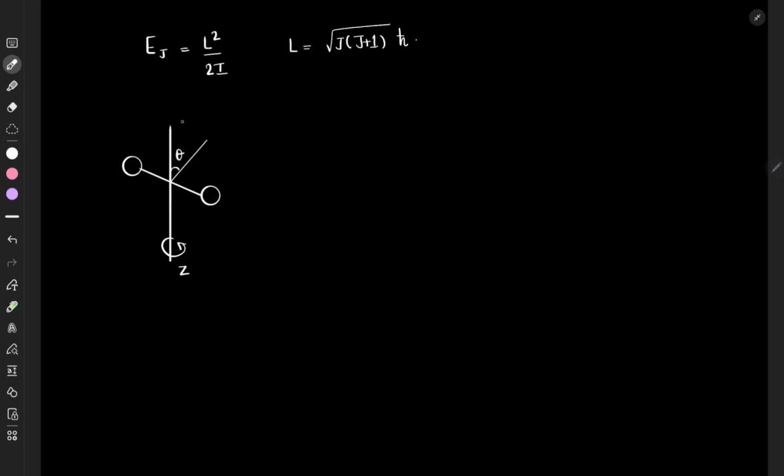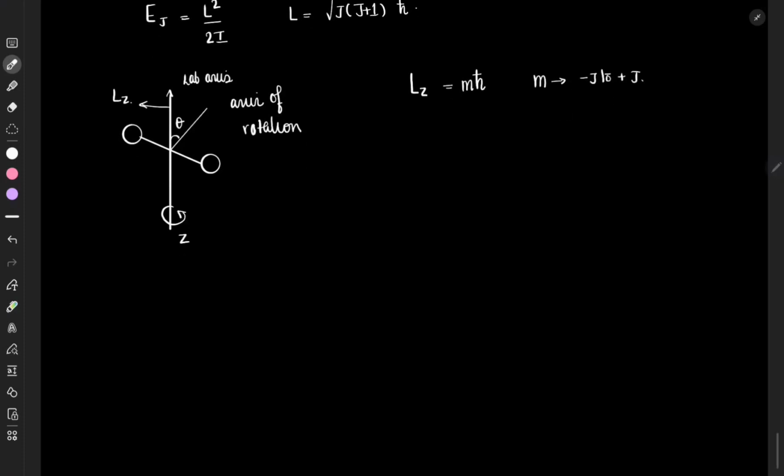This is the axis of rotation, and this component over here is nothing but the Lz. We studied in our quantum mechanics course that Lz is nothing but M h cross, where M is from minus J to plus J. Here Lz is L cos theta, the cos theta component.